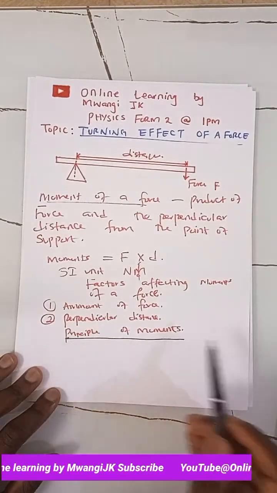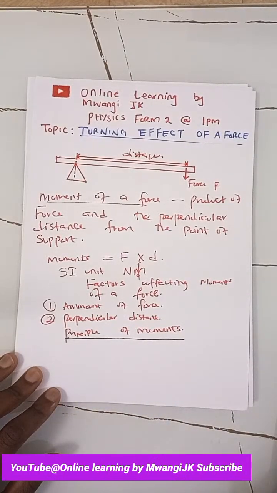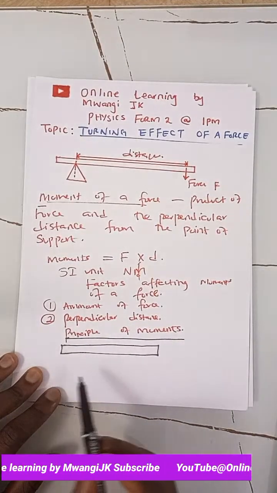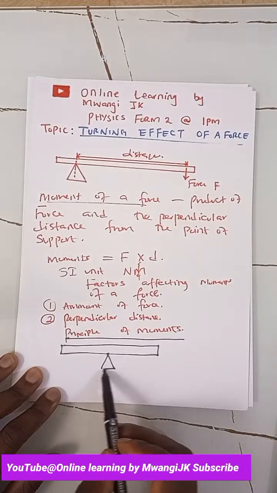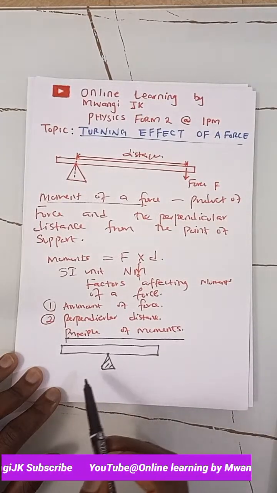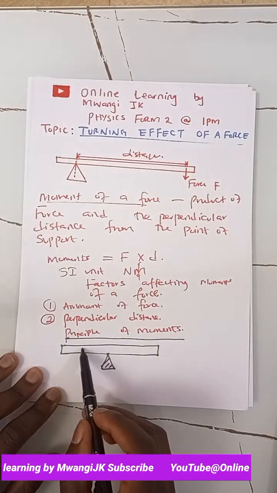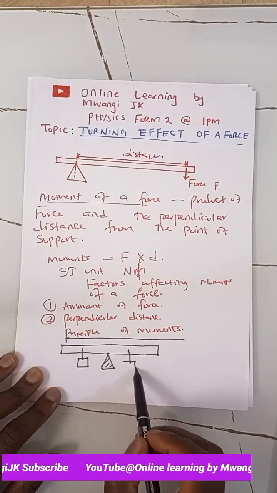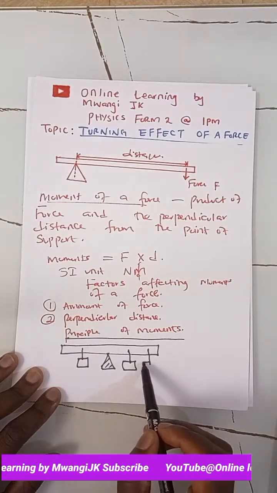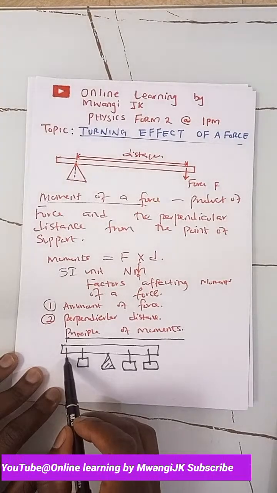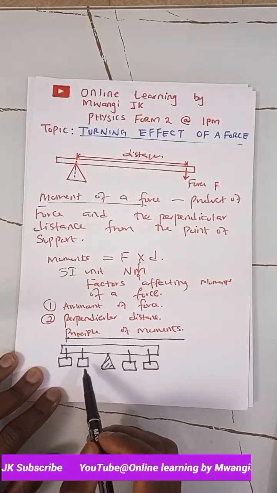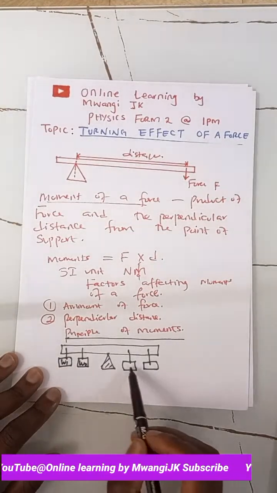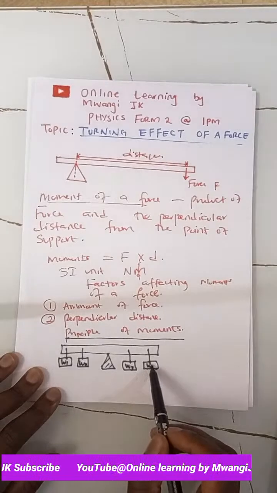When we talk about the principle of moment, if we consider a bar pivoted at a certain point, we call that equilibrium, and then we have some forces or masses hanging on both ends. Those forces have known masses, so we'll call them weight 1, weight 2, weight 3 and weight 4.